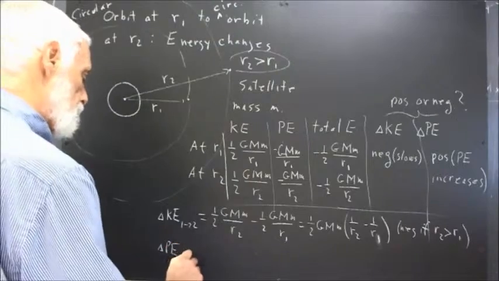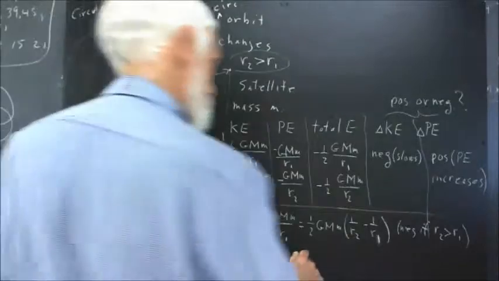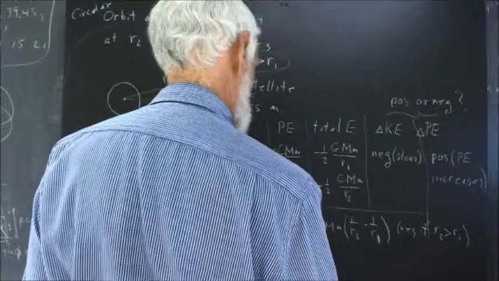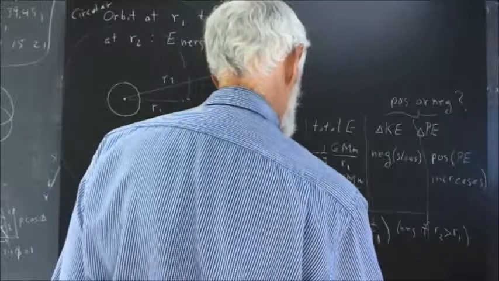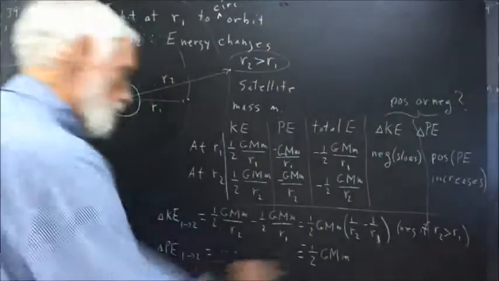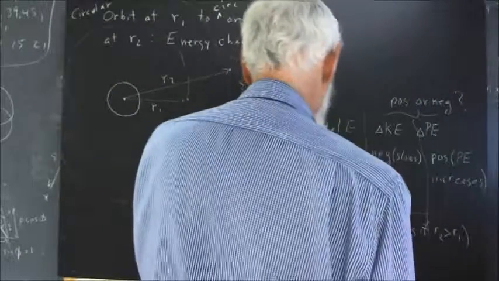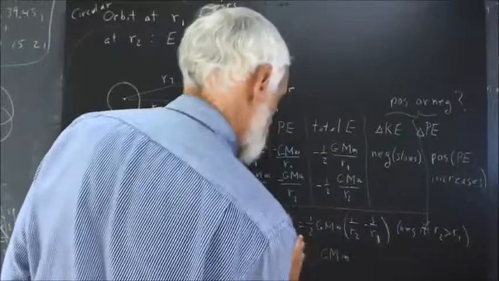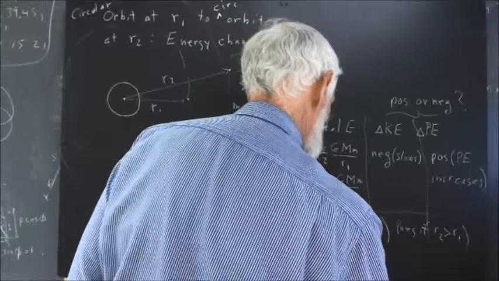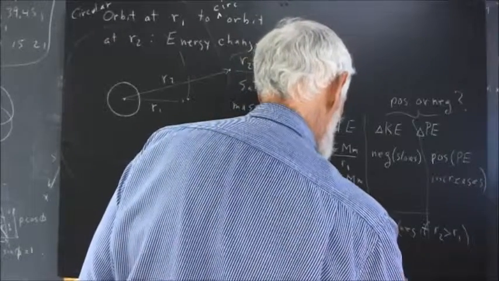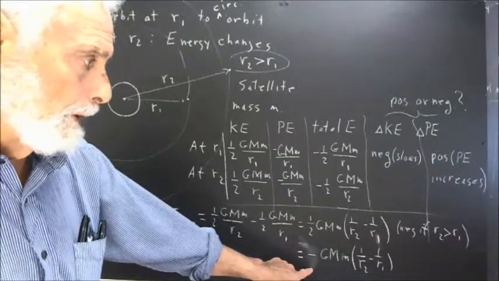Delta PE from 1 to 2. Well, I'm going to skip the intermediate steps so you can write it out as well as I can. And there's no 1/2. Should learn not to talk and write. Looks just like this one except for the 1/2 and except for this being negative.